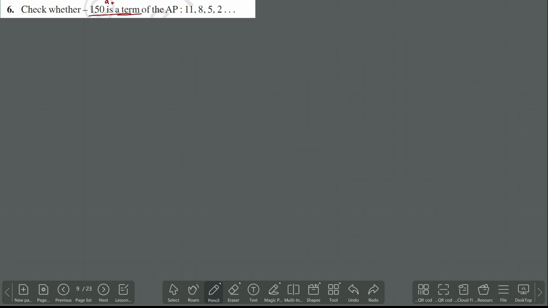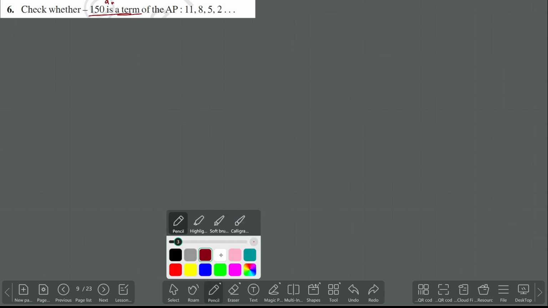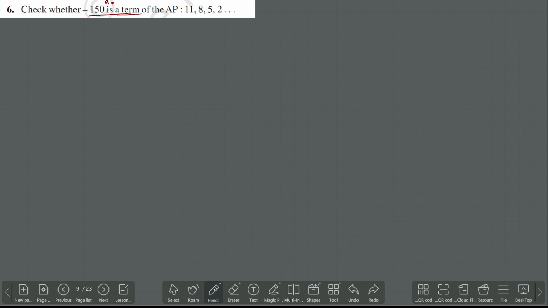How can we check, sir? Contained or not? Very simple. If you consider it as a_n, when we simplify, what will you get? n should come positive, or else non-negative.